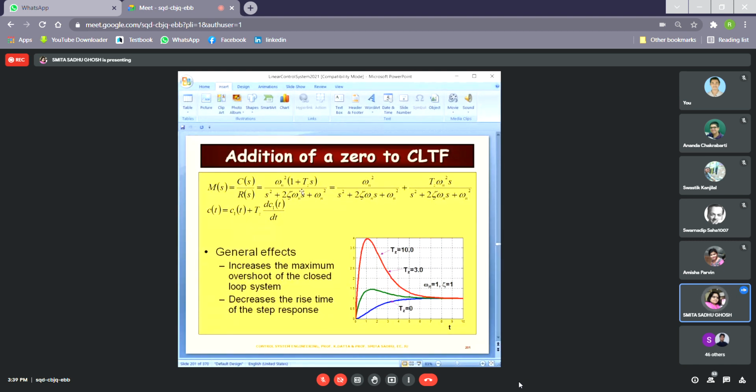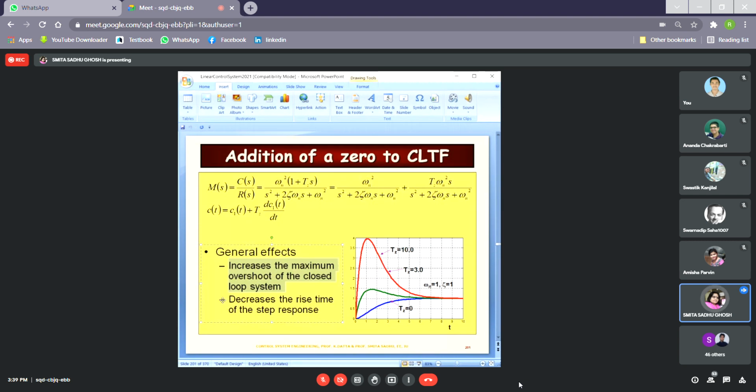So here we find that though it is a critically damped case, that is zeta equal to 1, by addition of a 0 to that second order system, the response has become peaky. You find that there is an overshoot that is evident. That is the effect of addition of a 0 to the closed loop transfer function. The general effect is that it increases the maximum overshoot of the closed loop system.